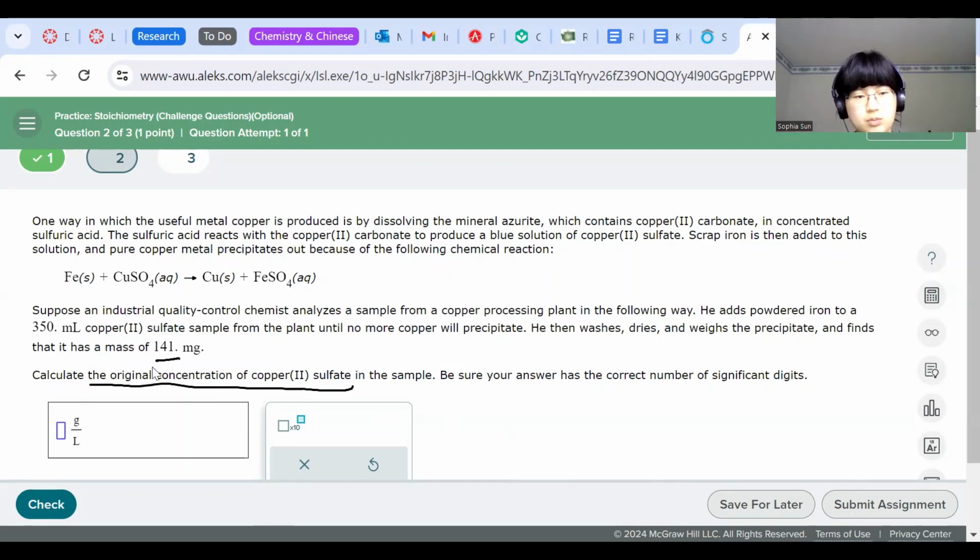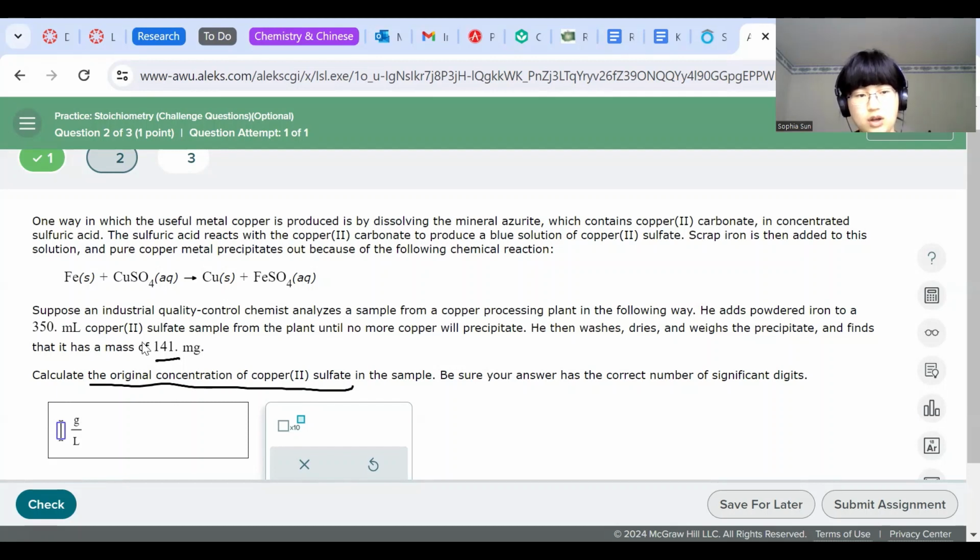Basically, we have to use the mass that we're given of copper, turn it into moles, and then use that to find the molar amount of copper sulfate. And then if we read the question, it wants the original concentration, not just molar amount. And this concentration is unique because it's asking for grams per liter rather than the molarity that we're used to.